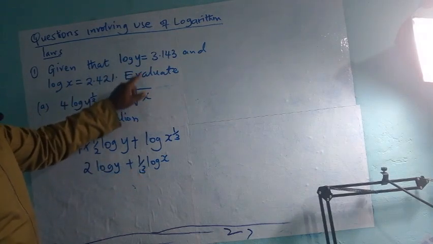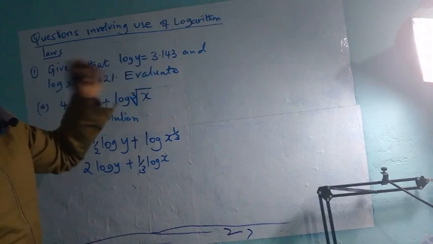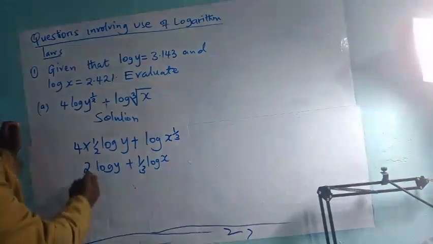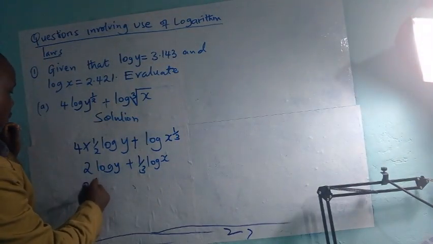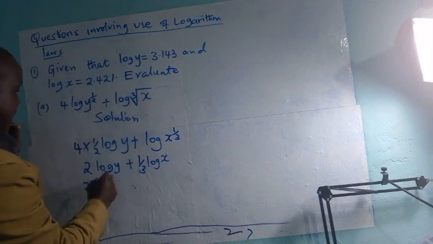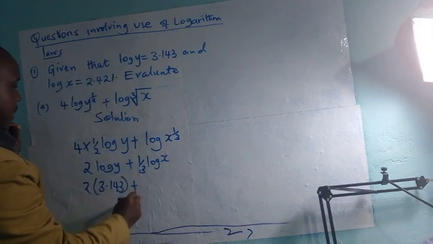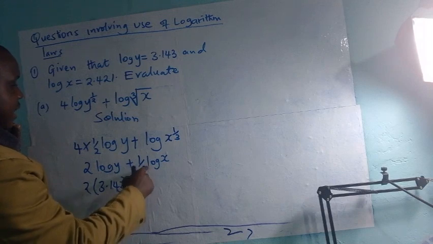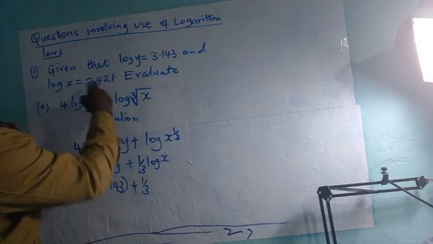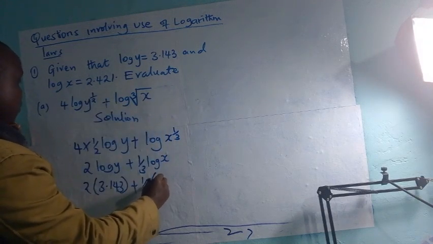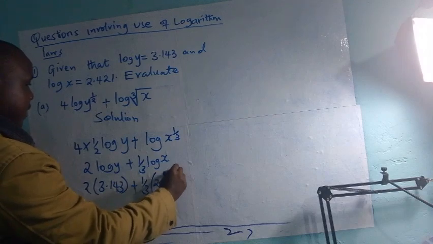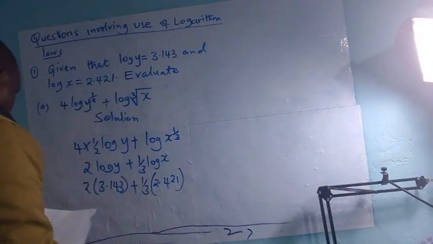Now that we have log x and log y, we can now substitute the correct values of the log y and log x that we were provided with. So this is 2 into log y, and log y is 3.143, plus a third log x, and our log x is 2.421. Having that, you take your calculator and get your value.